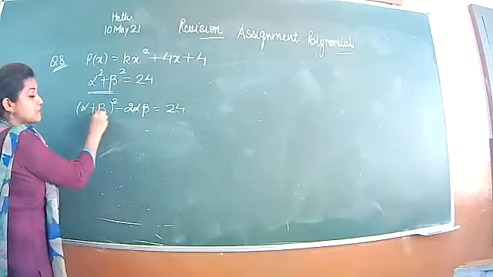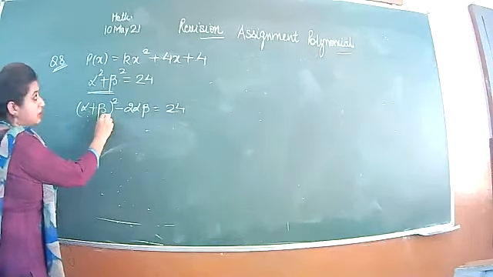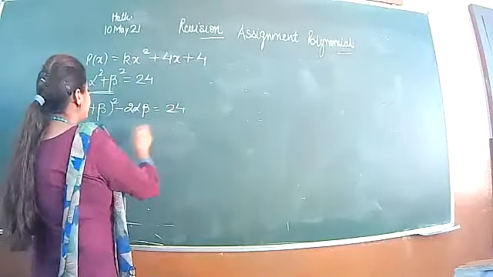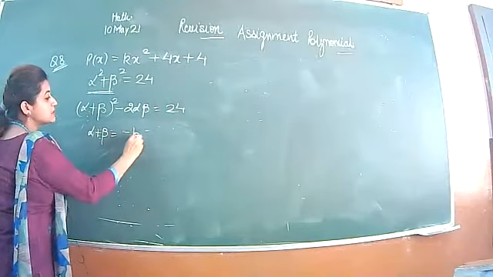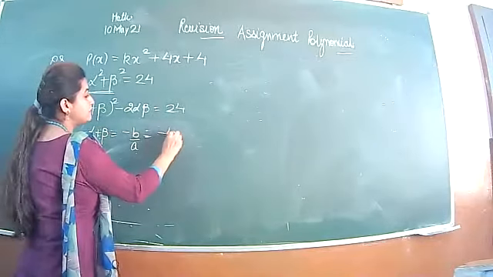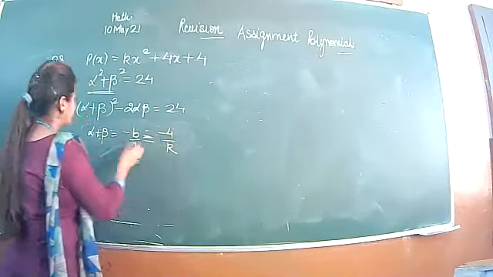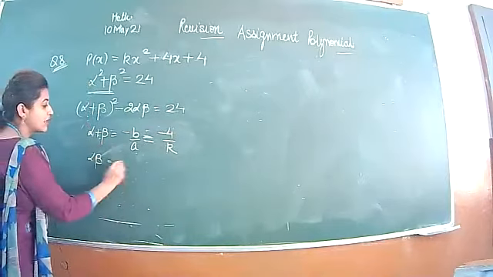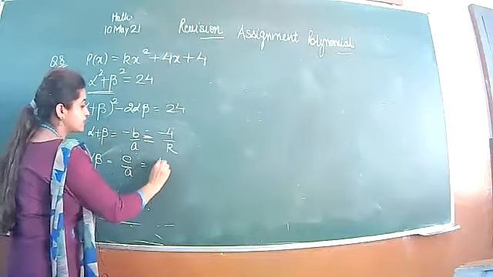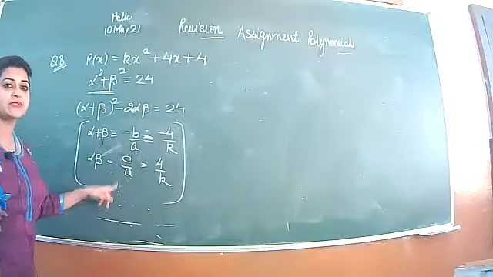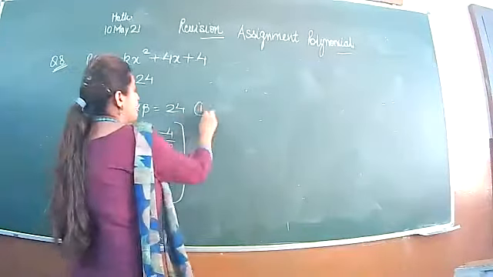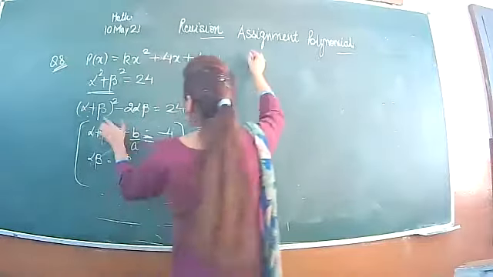Now, what is alpha plus beta here? That is the sum of zeros. So firstly, you will find the sum of zeros, that is minus b by a, that is minus 4 by k. And the product of zeros, that is c by a, this is 4 by k. Now you will put these values in this given relation and you will get the value of the missing variable.